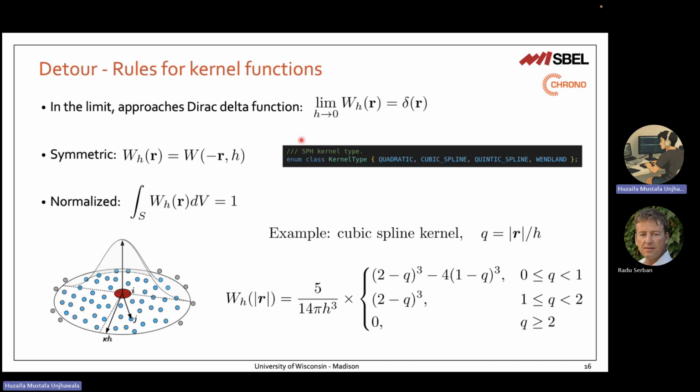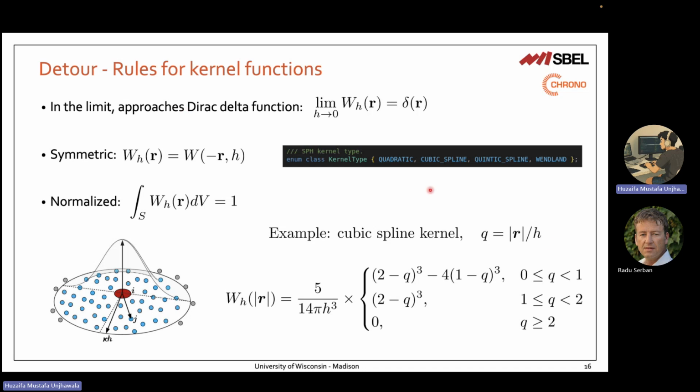There are some rules for the kernel function, and in Chrono we have 4 types of kernel functions. There's a lot of research on which kernel function is best. The default is the cubic spline. The Wendland kernel is the one that is popularly used these days. But you can choose from any of these kernel functions.